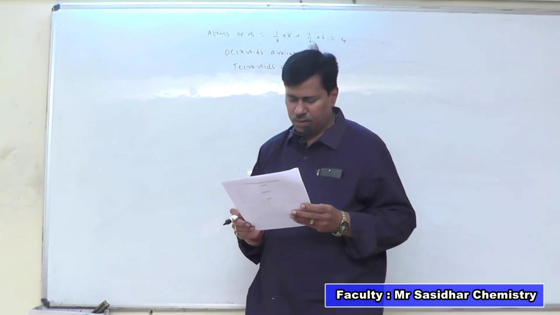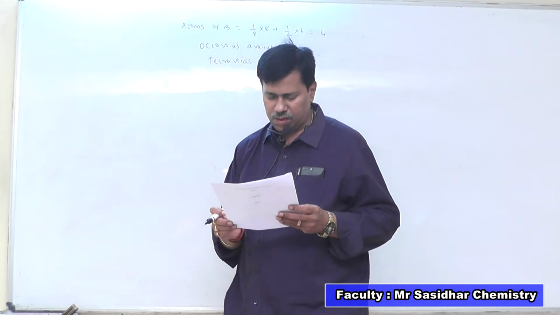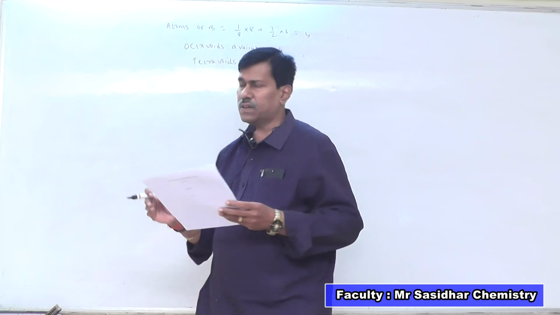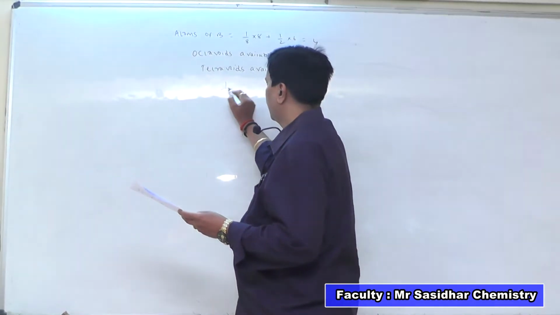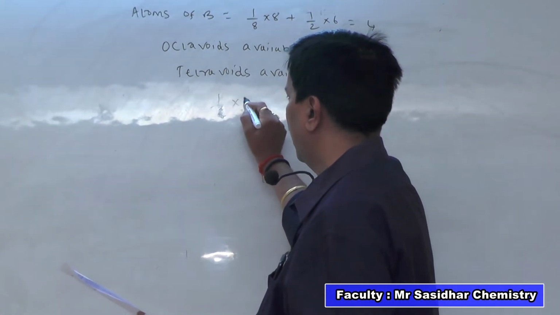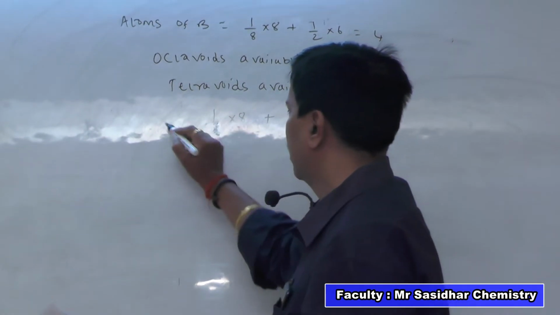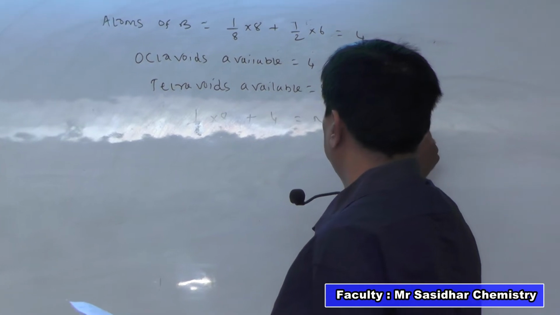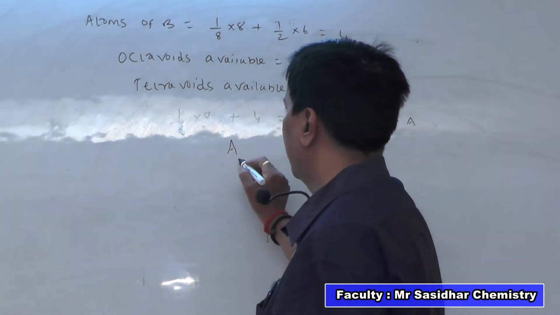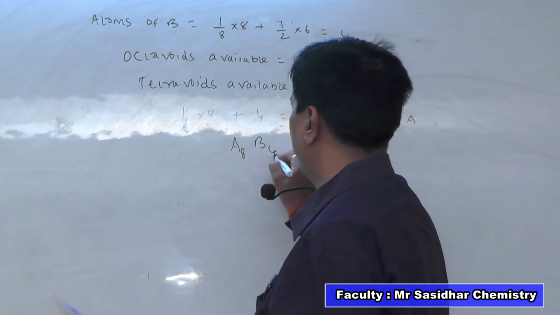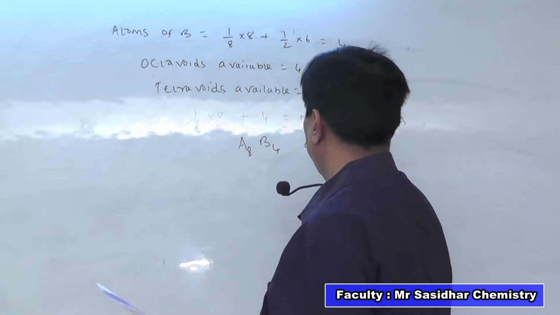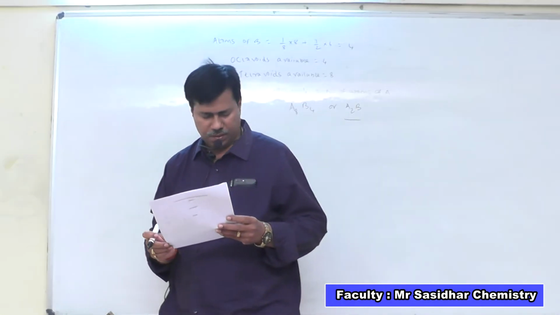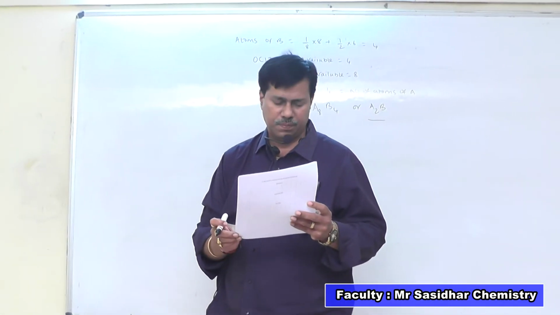Since all the octavoids are occupied, the formula of the solid is, so it will be 1 by 2 into 8 plus 4 will be the number of atoms of A. So it should be A8B4 or A2B. Moving to question number 39.